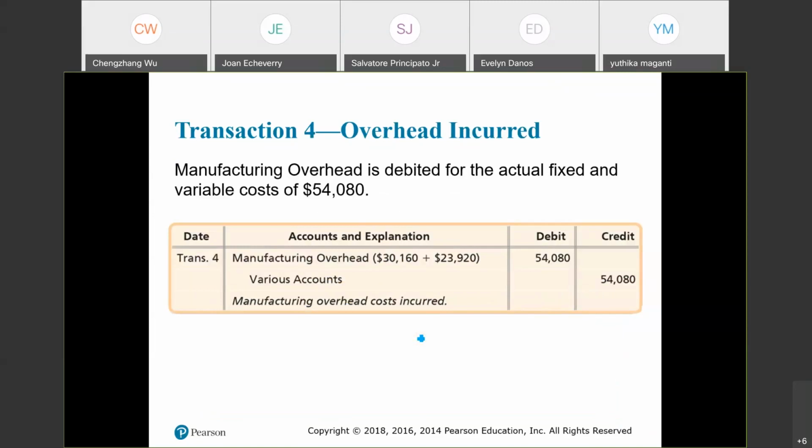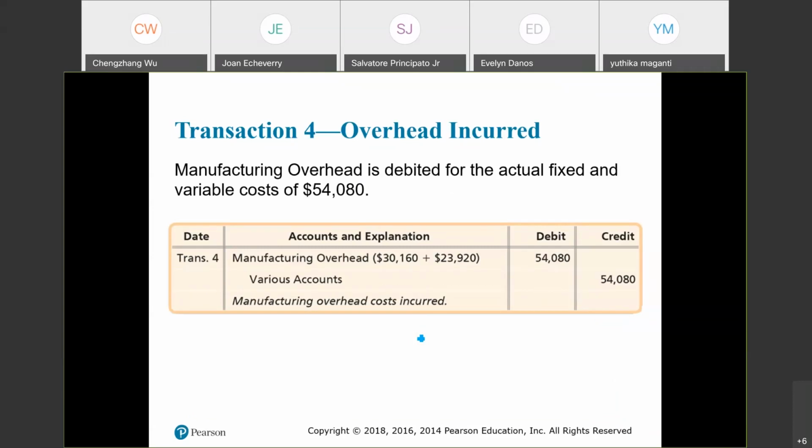Well, let's take a look at transaction 4, overhead incurred. Transaction 4 records the company's actual overhead costs for 2019.